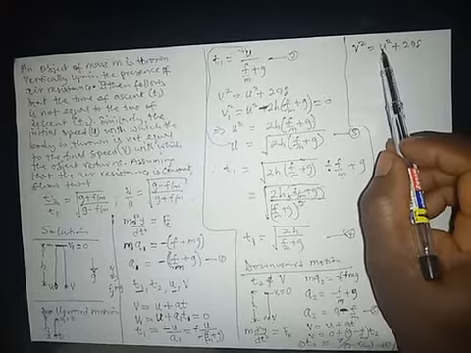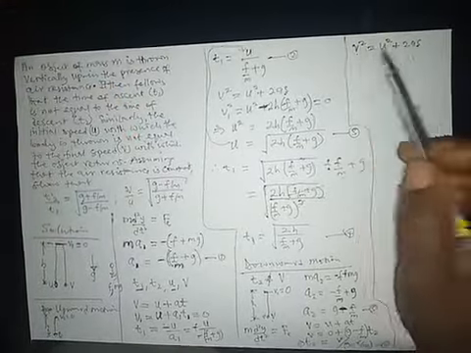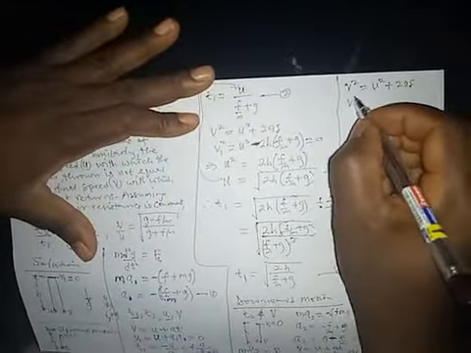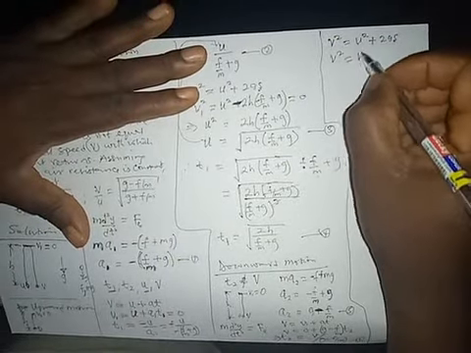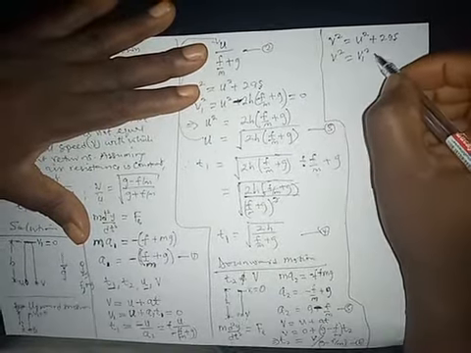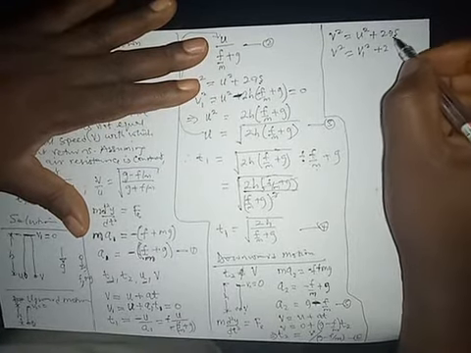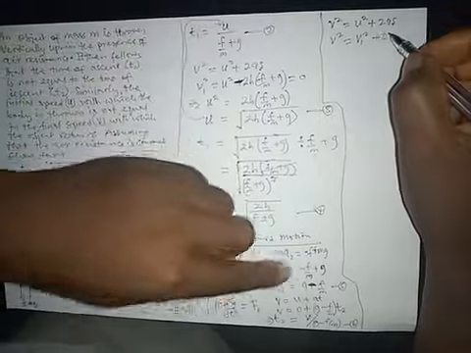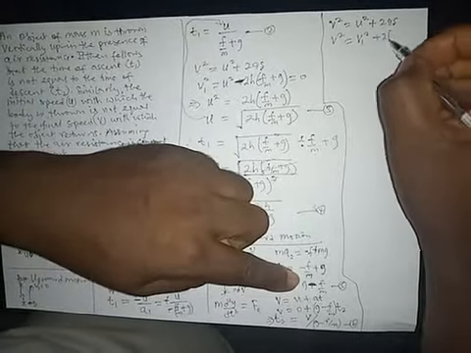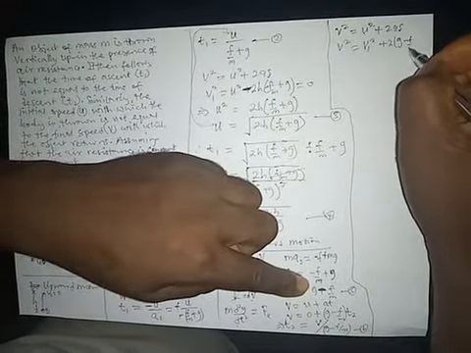The initial velocity v1 for the downward motion is 0, and v is the final velocity. So v squared is equal to v1 squared, which is 0, plus 2a times h, where a is g minus f over m.